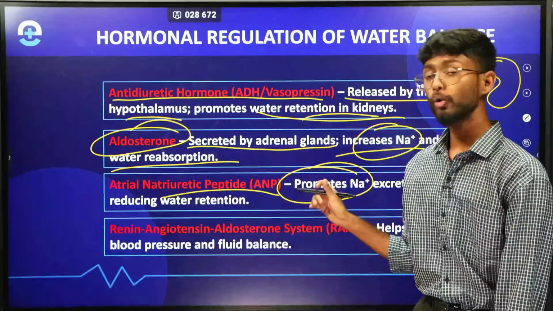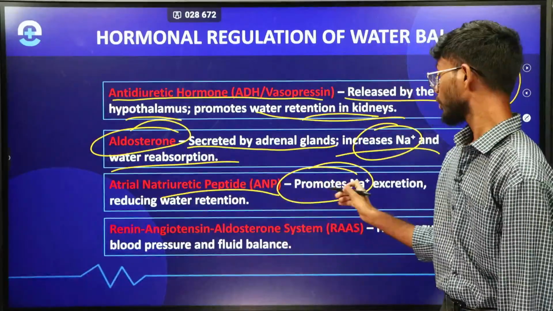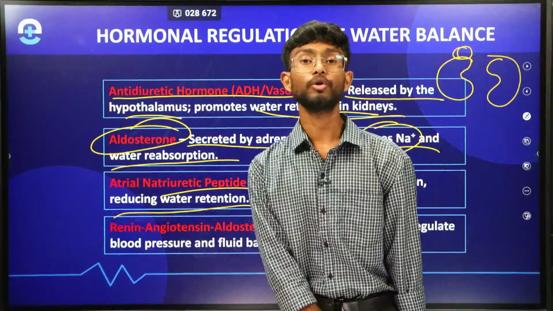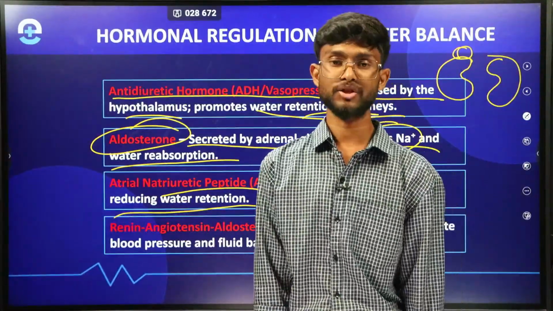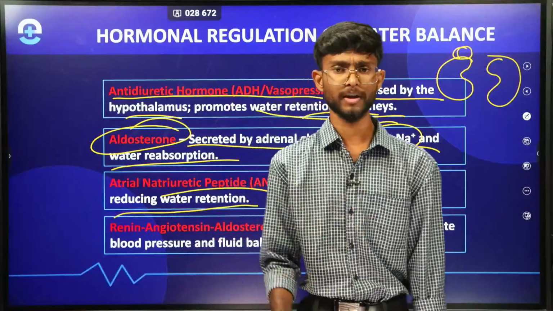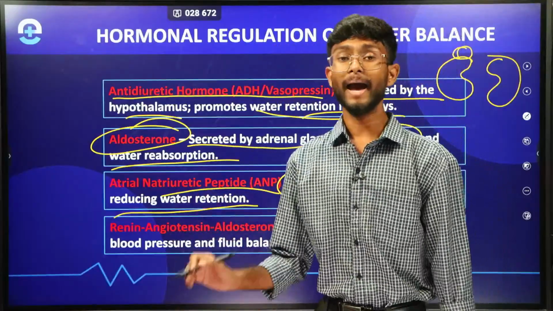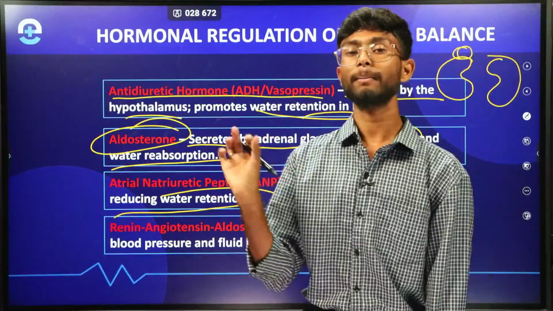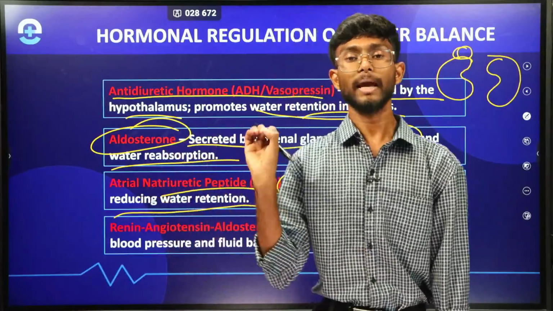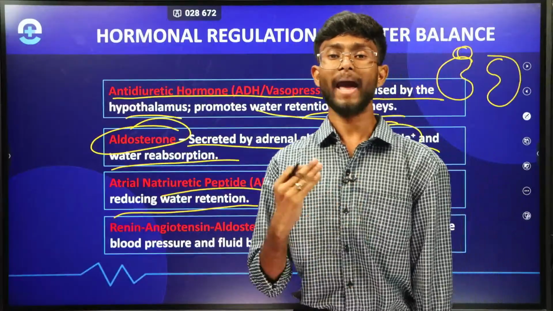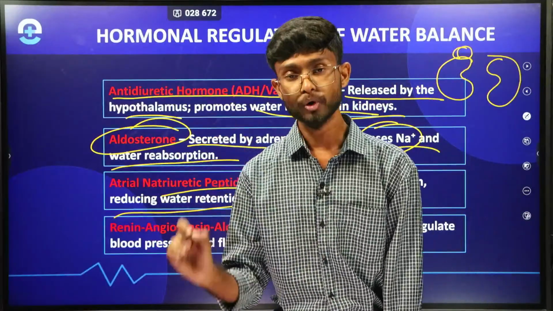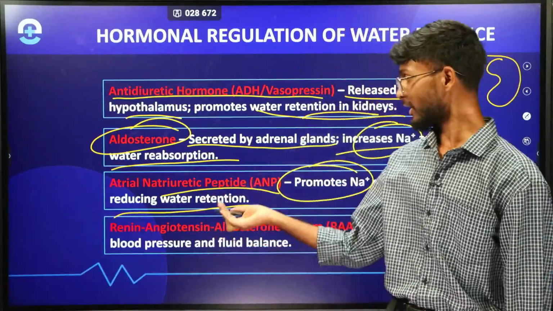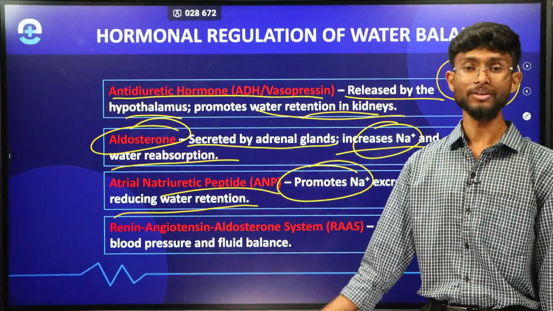That's why, to promote sodium excretion and also to reduce water retention, and because excess also leads to various disorders, the ANP, that is atrial natriuretic peptide hormone, is important to promote the elimination of sodium and also to reduce the water retention.